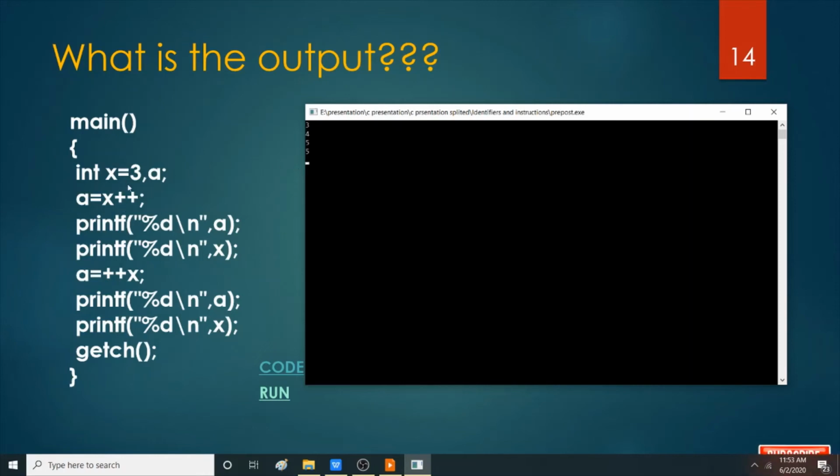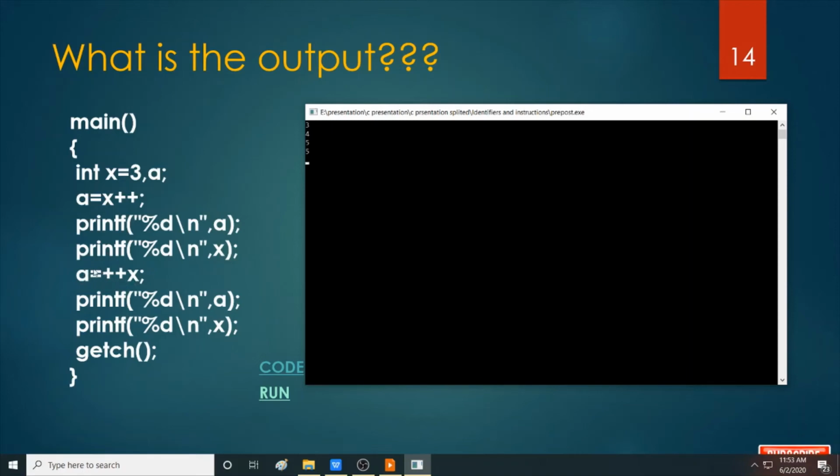Now after assigning, plus plus works. So what is the value of x now? It becomes 4. Now when I write a equals plus plus x, the value of x is 4.